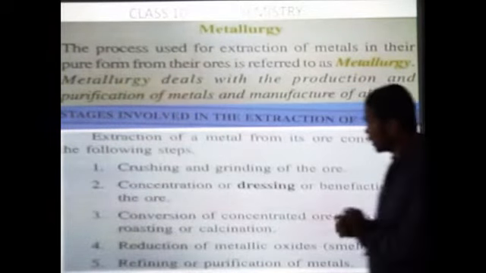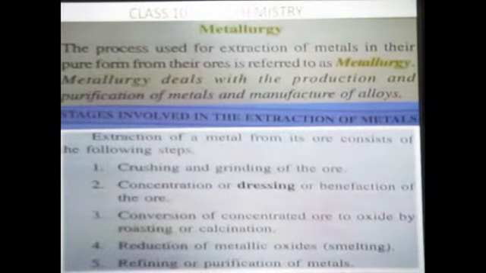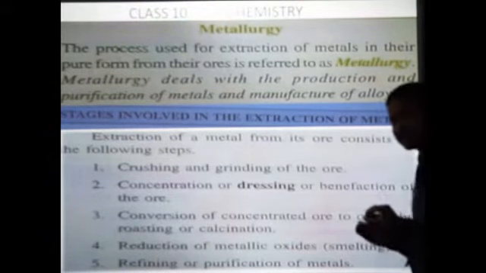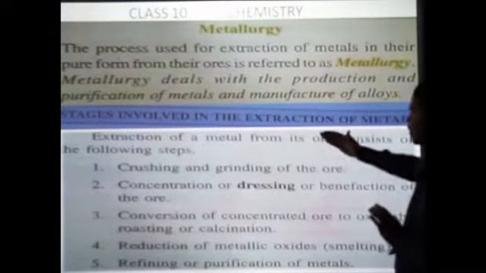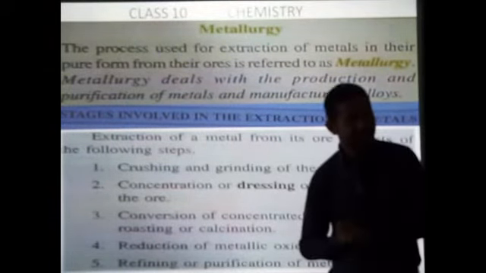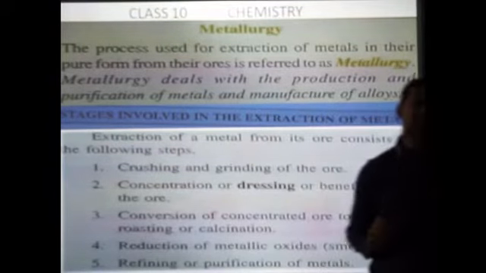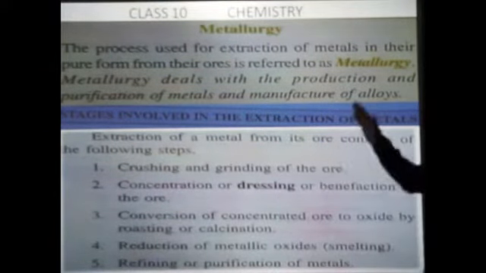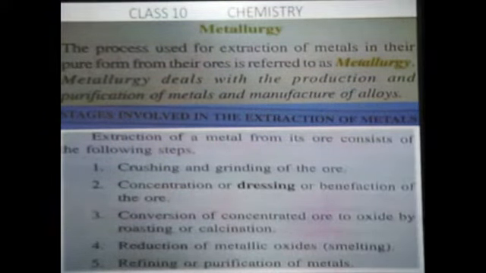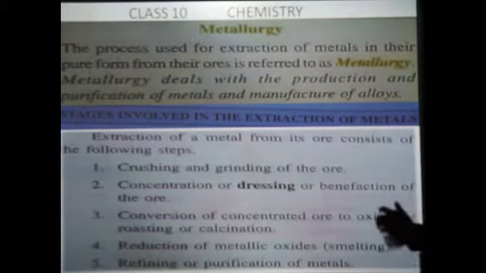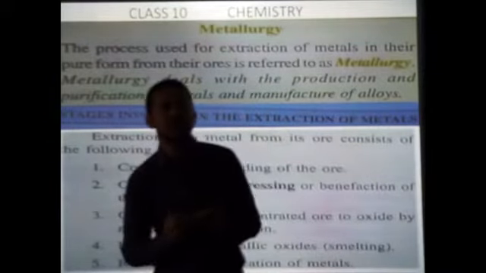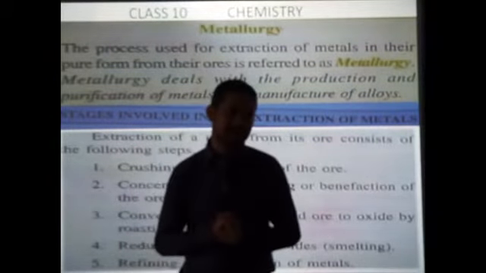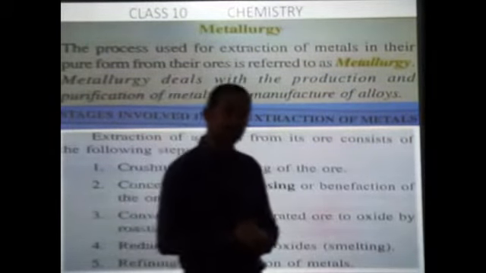Then number 3 is conversion of concentrated ore to oxide. What is our intention? Our intention is to get pure metal. First we do crushing and grinding, second concentration of ore. Then after concentration is done, we convert that ore into oxide, because it will be easy for us to get metal from oxide rather than from any other compound.